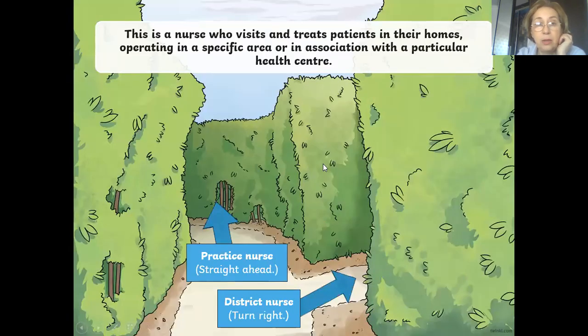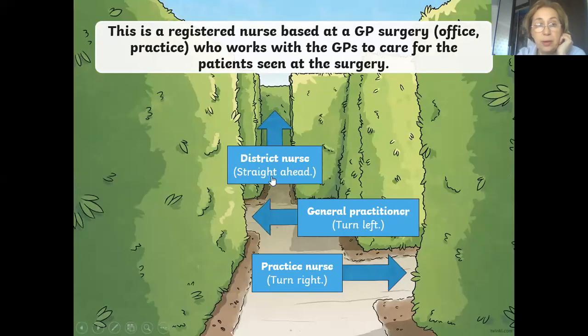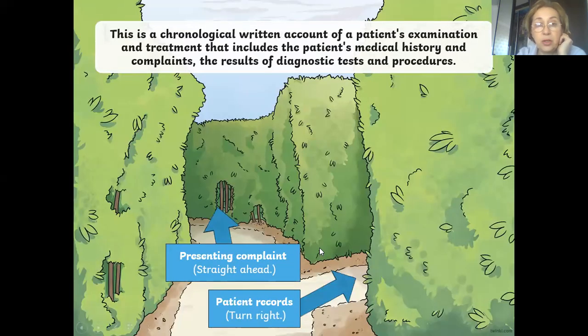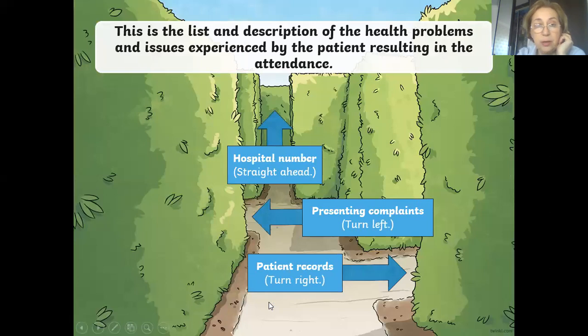A nurse who visits and treats patients in their homes, operating in a specific area. District nurse. Registered nurse based at the general practitioner's practice. Practice nurse. Chronologically written account of patient's examination. Patient records. List and description of health problems and issues.